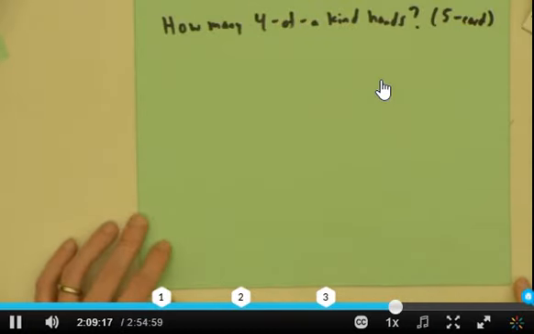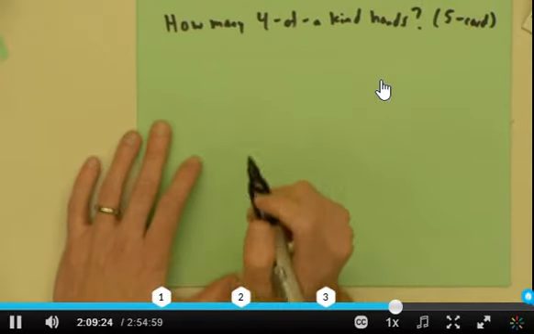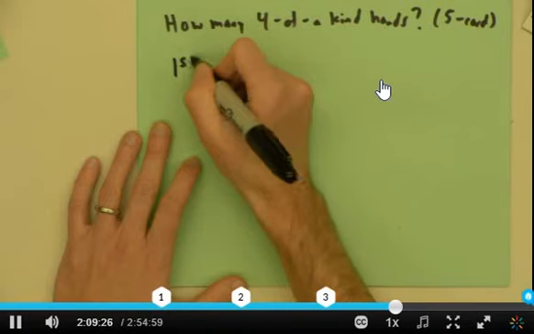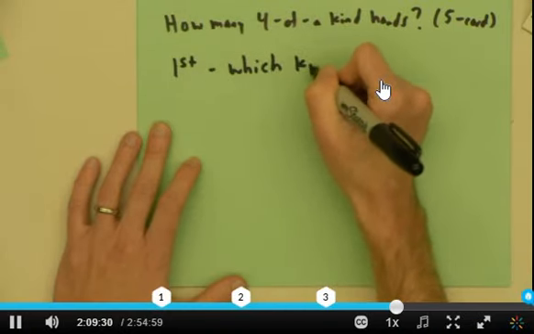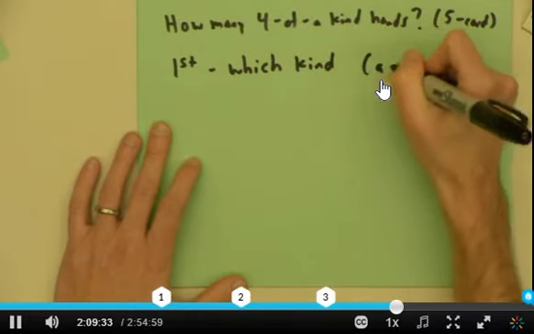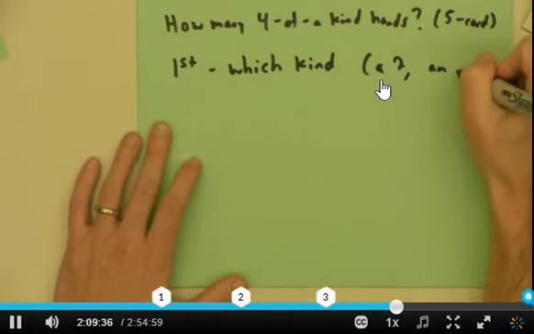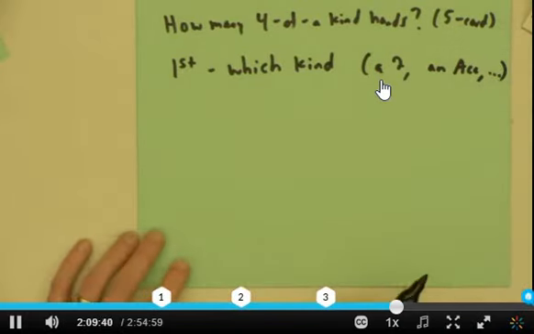Okay. Well, here's what I can do. I'm going to organize my thinking by saying, first, which kind? That is, is it a 2, an ace, or something else? Okay. Once I've picked which kind it is, I need 4 of them.